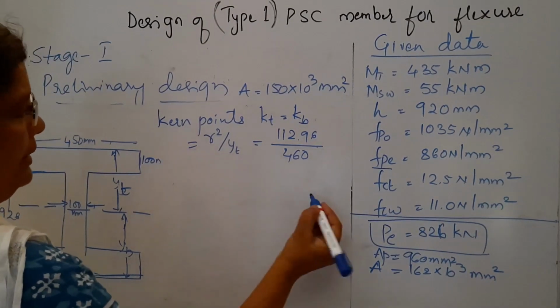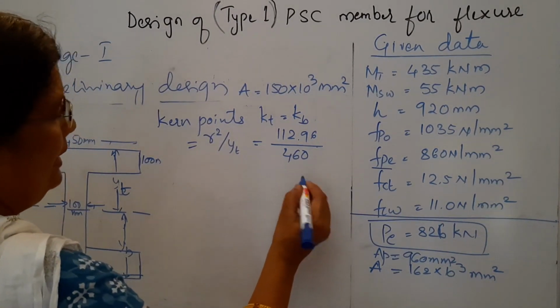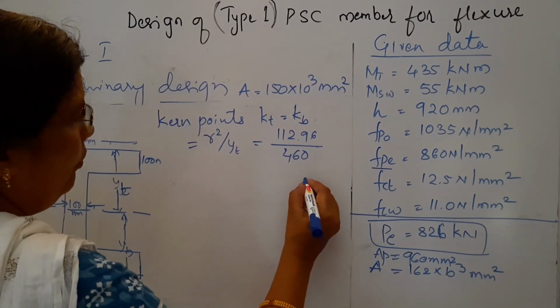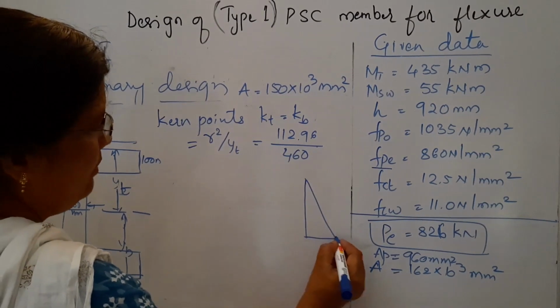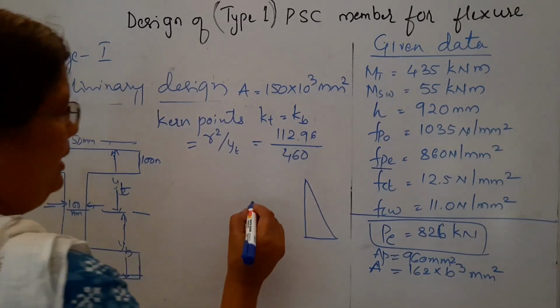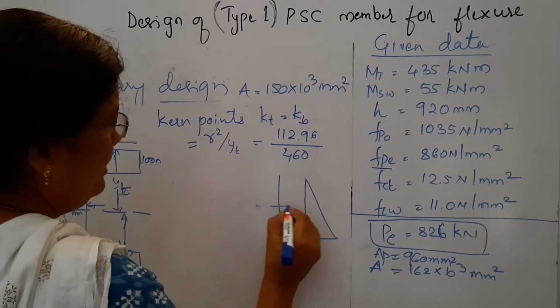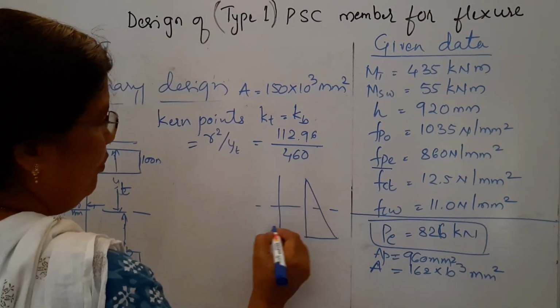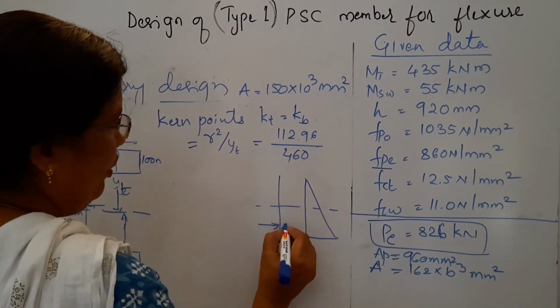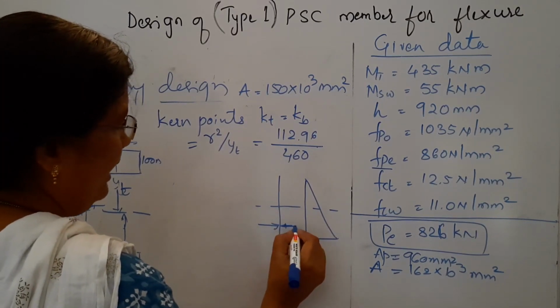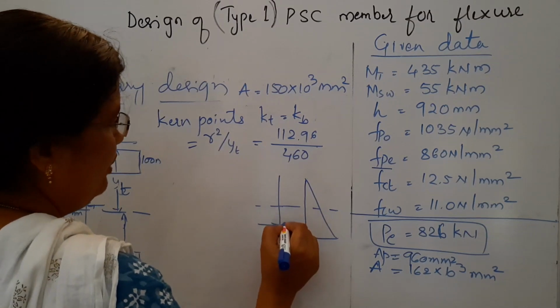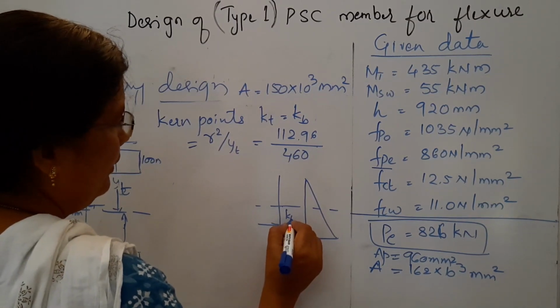How to calculate the kern points: at the transfer, generally the top stress will be 0 and the bottom will be maximum if it is a type 1 section. For that we will have the CG here and the compressive force will be here, and the distance between that compressive force and the CG will be equal to KB.